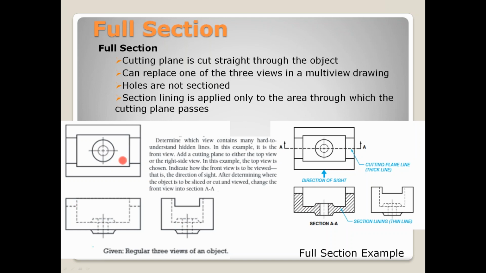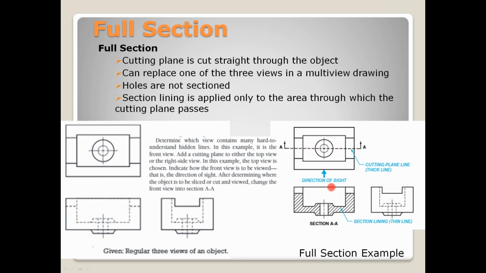In this particular case, the front view is very complicated, with all these hidden lines, so you won't be able to tell what exactly this object looks like. The best way is to cut a section through this object, and the cutting plane line has to be a thick line cutting through it. And then you look in this direction.